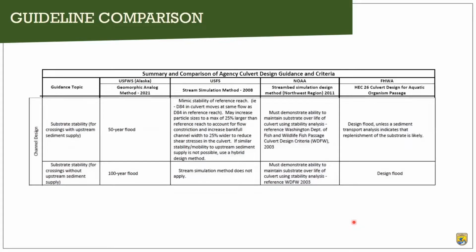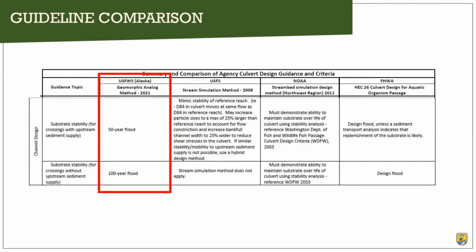A little bit more about the differences between the guidelines. All four methods require a stability analysis. We are always constricting those higher flood flows, the flows above bankfull discharge, when we install a culvert. So the velocities are going to increase, the water depth in our culvert is going to increase, and the shear stress on our substrate is going to increase.